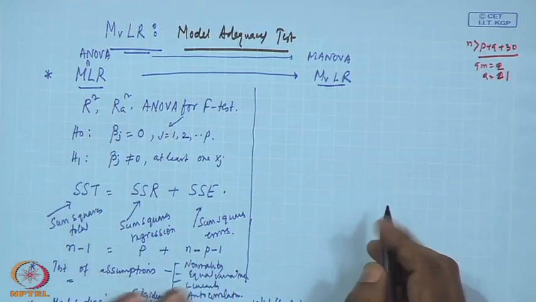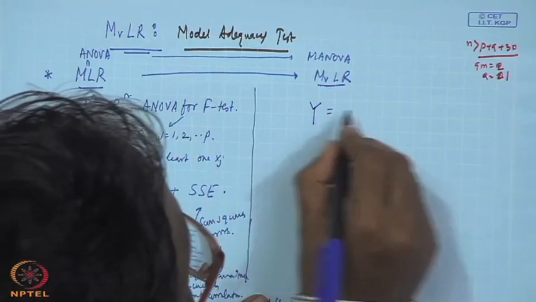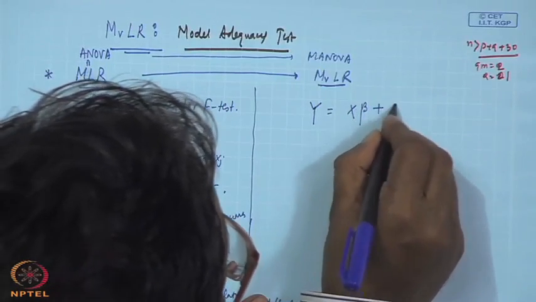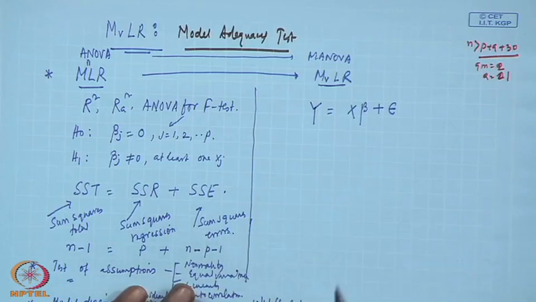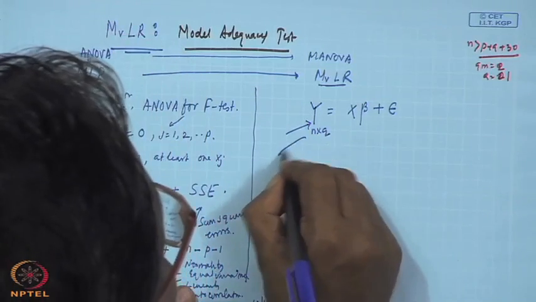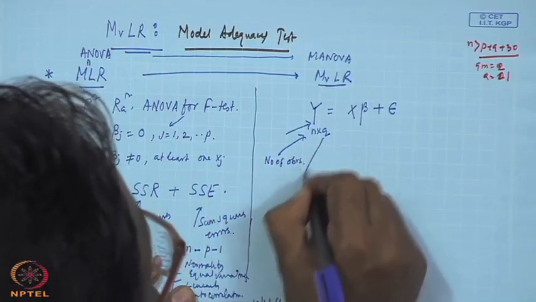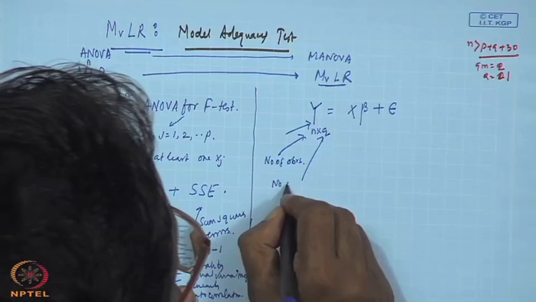Okay. Let us write down again what we wrote in the last class, so that you can correlate with this. This Y is n cross q, where n is the number of observations and q is the number of dependent variables.